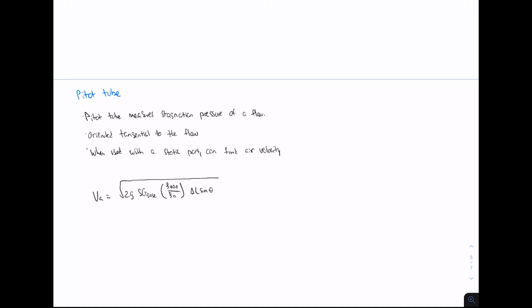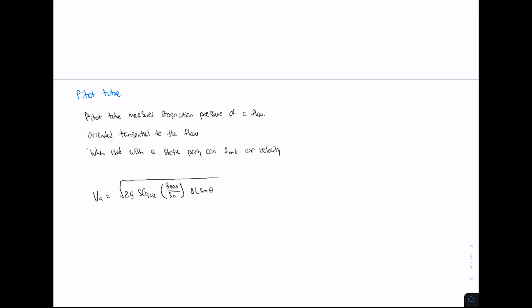I'm not going to go over this too much since we've done it before, but the air velocity can be found by this equation here, where it's the square root of 2 times the gravity times the specific gravity for the gauge fluid that is being used, multiplied by the ratio of the water density over the density of the air, and then multiplied by delta L times sine theta, where L is the length of the gauge fluid height in our column, and theta is the angle for that inclined manometer.